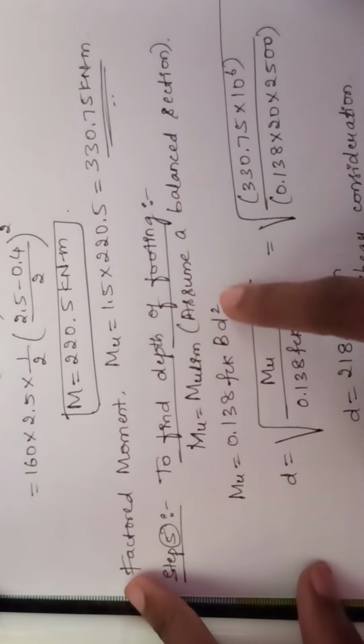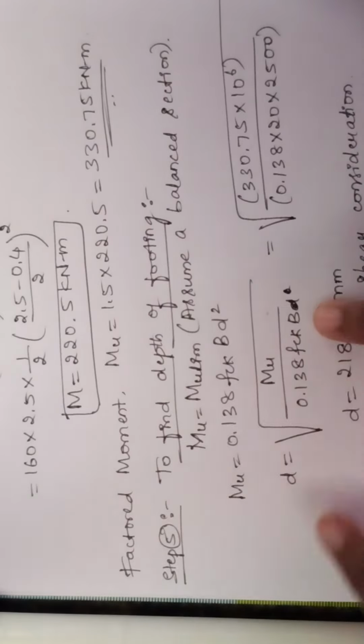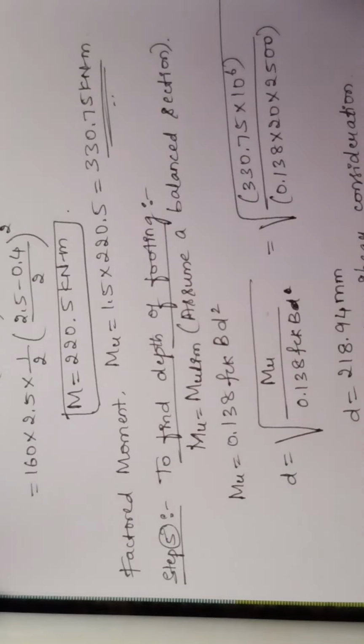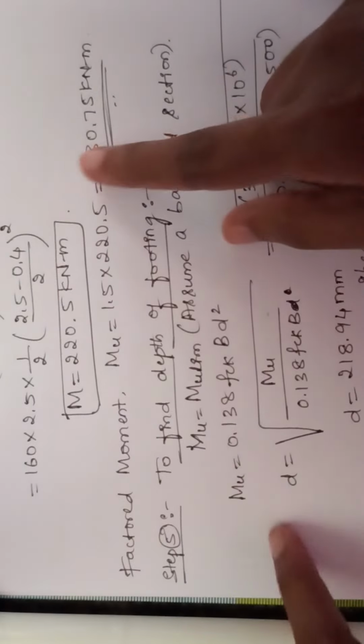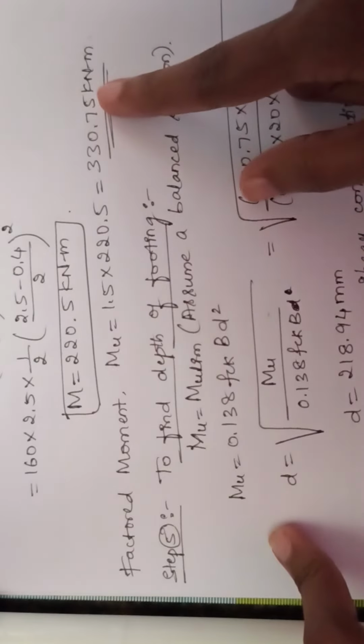Now from this formula, we will be extracting the formula of D as square root of Mu divided by 0.138 fck into B, where Mu is your factored moment, and the value we have got is 330.75, in terms of kilonewton meter.